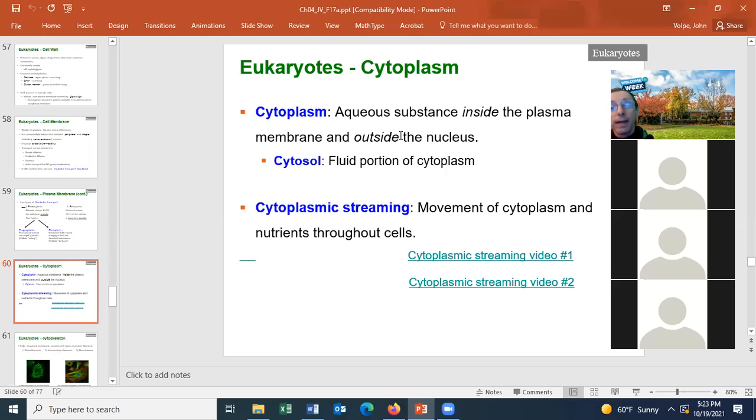Also within the cytoplasm are larger things like the ribosome, but the ribosome is so big that it is not dissolved within the cytoplasm. For example, DNA in a prokaryotic cell is dissolved within the cytoplasm. In the eukaryotic cell, the DNA would be dissolved in the nucleoplasm.